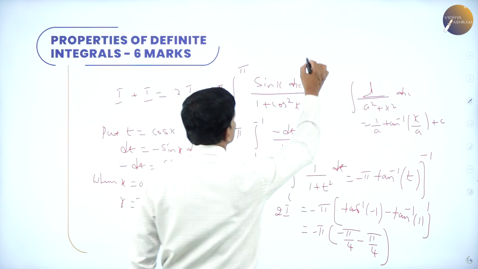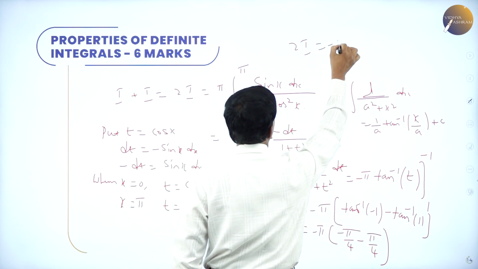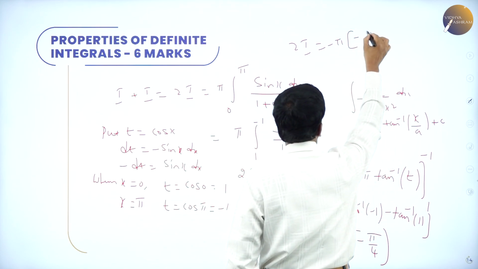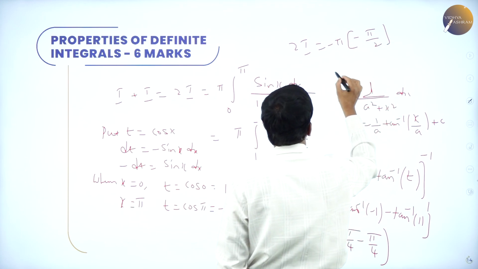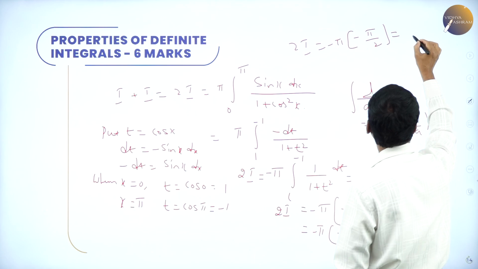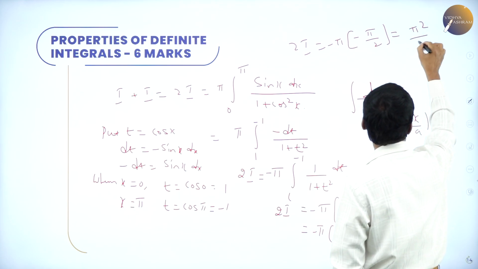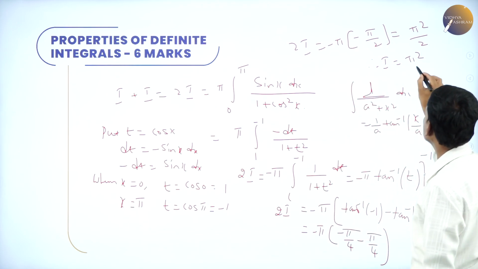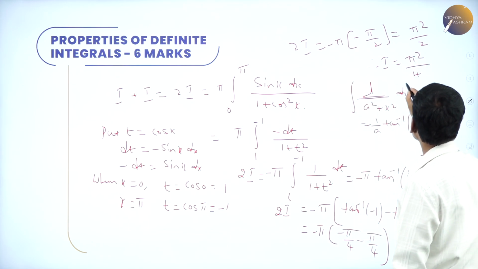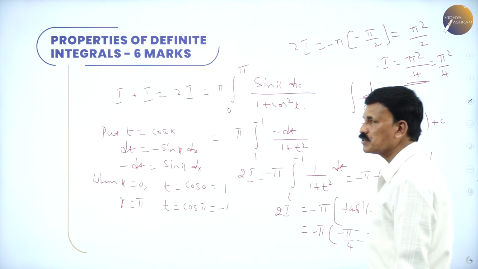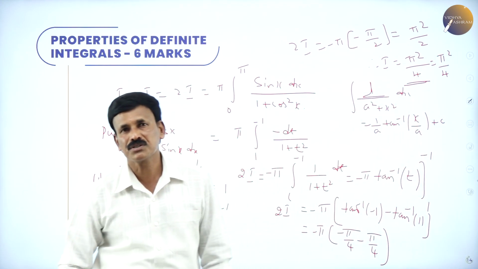So 2I is equal to minus pi into minus pi by 4 minus pi by 4, which is minus pi by 2. Minus into minus gives plus pi square divided by 2. So therefore I is equal to, bringing this 2 to the denominator, pi square by 4. The simplified answer is pi square divided by 4.